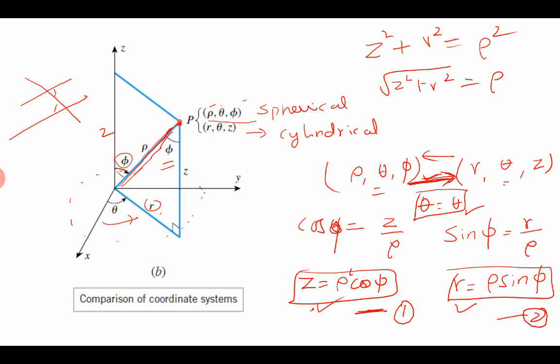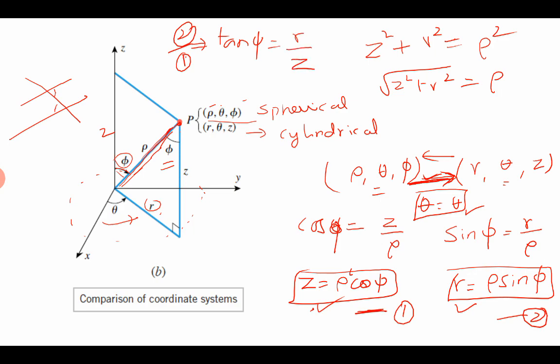In a similar way, one more thing. Equation 2 divided by 1. What you get is tan phi. Tan phi is equal to r over z.